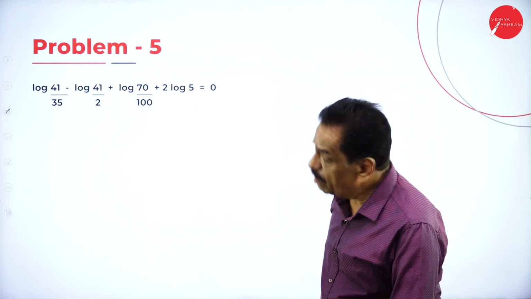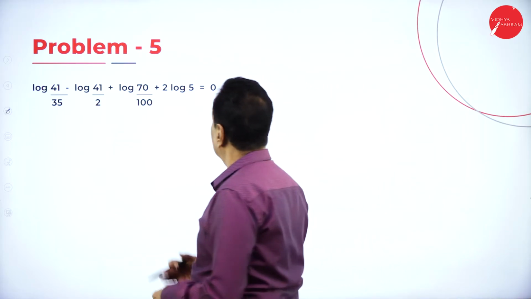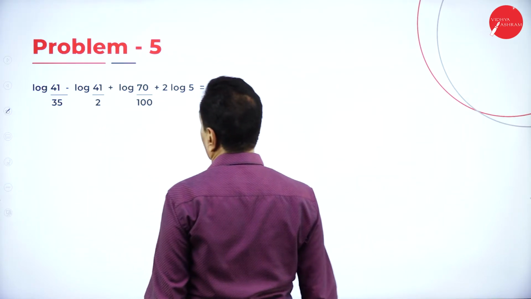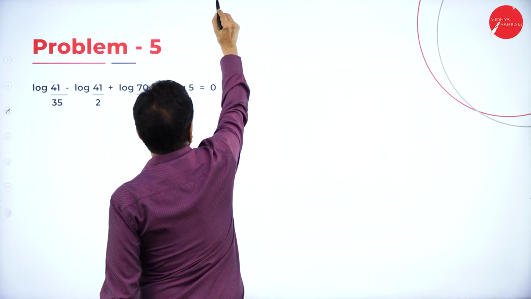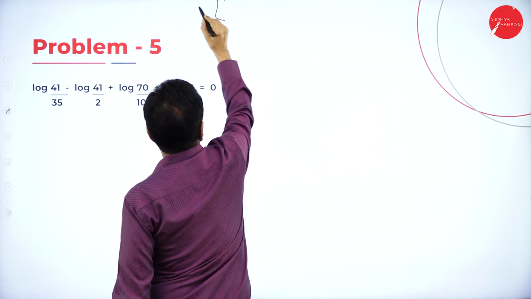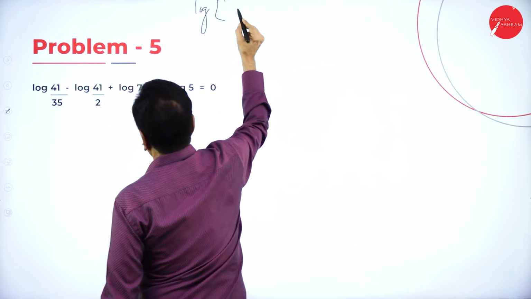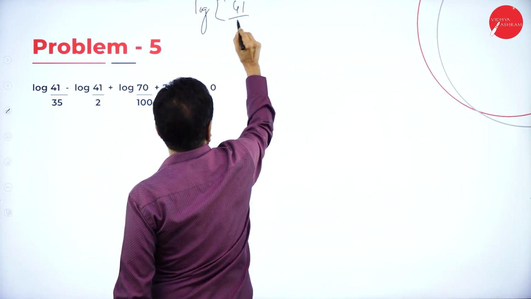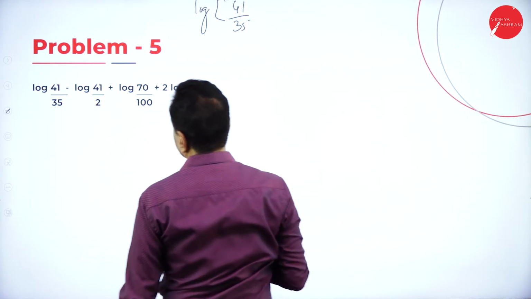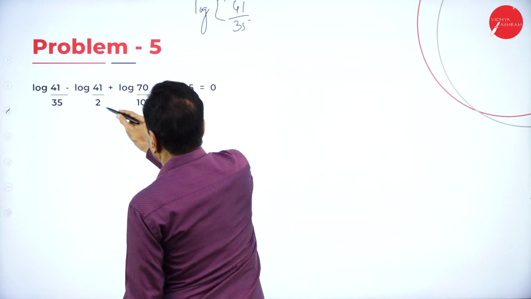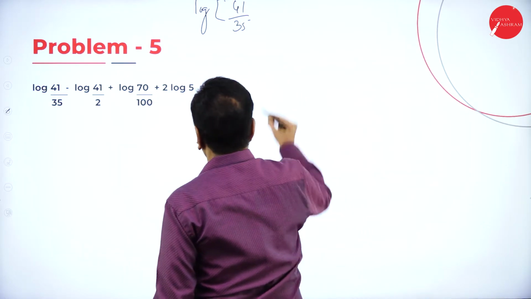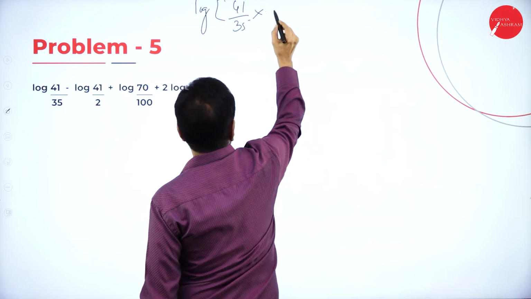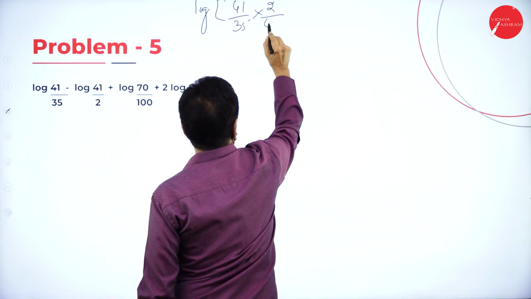This is log 41 divided by 35. Log 41 divided by 35. This reverse into 2 divided by 41.